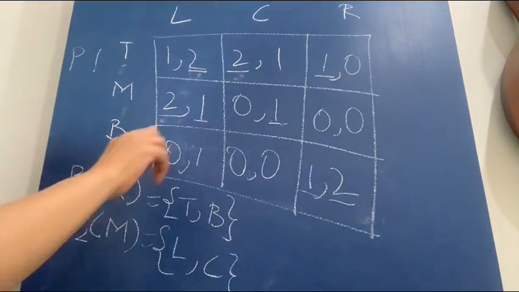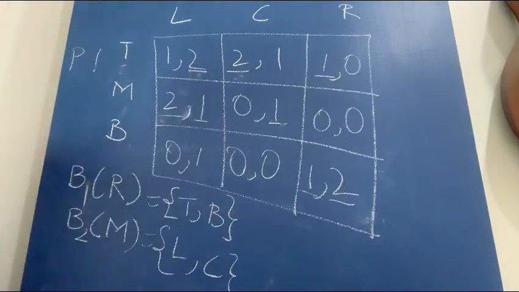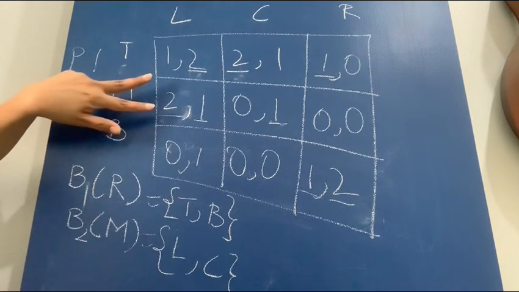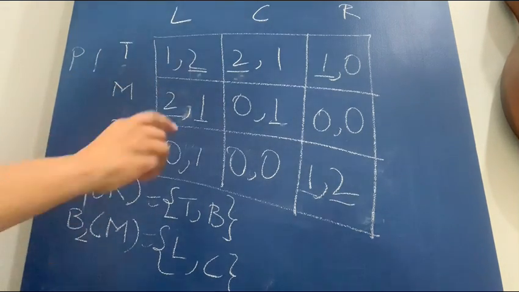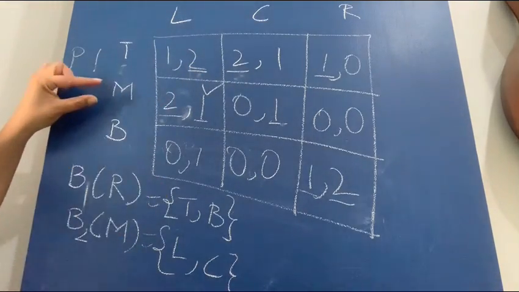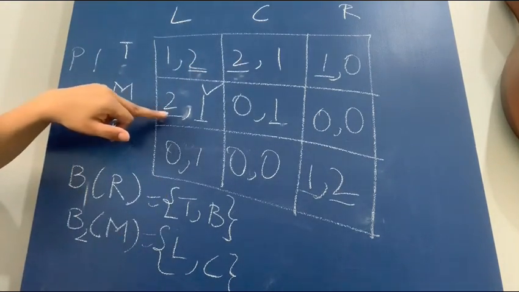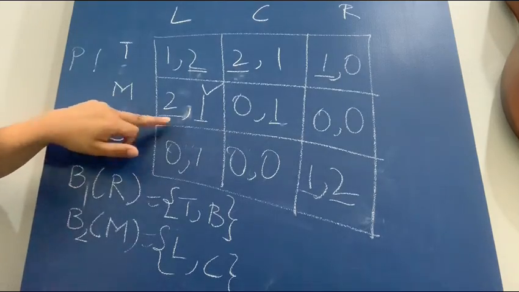So we need to find Nash equilibrium here. That particular block will be a Nash equilibrium where payoffs of both the players are underlined. That means where both the players are playing their best response action. So if you look here, this particular block here, where player 1 has played M, player 2 has played L, is a Nash.